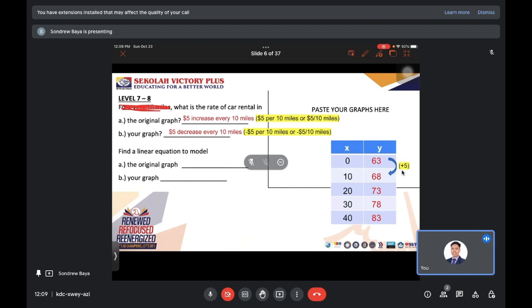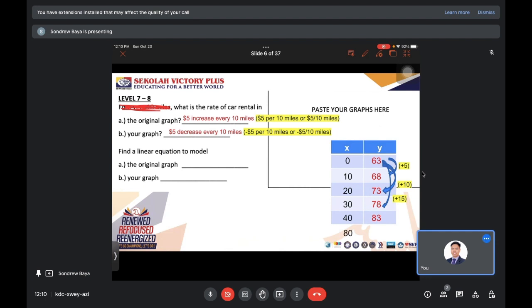Again, we're looking for a pattern. When you cover 20 miles, from 63, it's like you're adding 10. When you cover 30 miles, from 63, it's like you're adding 15. So here, find a pattern, find a connection. You may pause this video for a while and try to find a pattern.